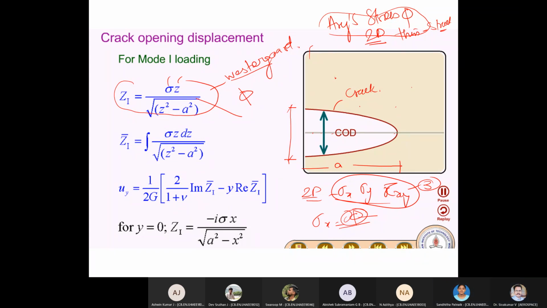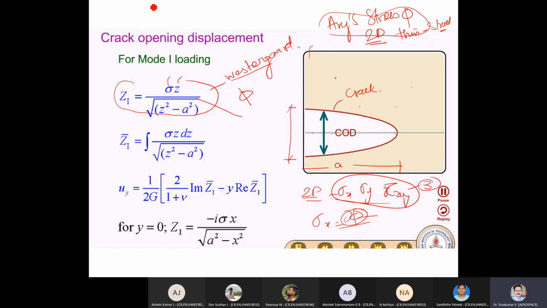Fine. So this is a stress function, Z. Then this is Z prime. The integral of this one is this one, the integral on dz. It is Z prime.